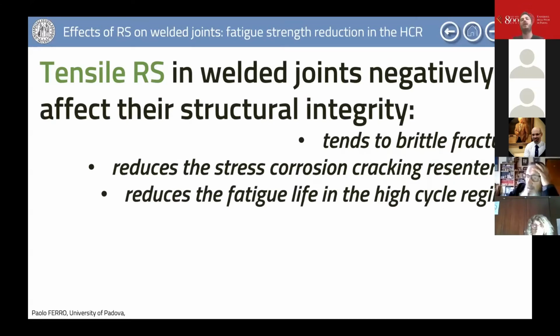The residual stresses negatively affect the structural integrity of the component when they are tensile in sign, because they tend to favor brittle fractures, because they reduce the stress corrosion cracking resistance, but in my opinion, above all, because they reduce the fatigue strength of a component in the high cycle fatigue regime. That is, in my opinion, the most important effect of residual stresses.